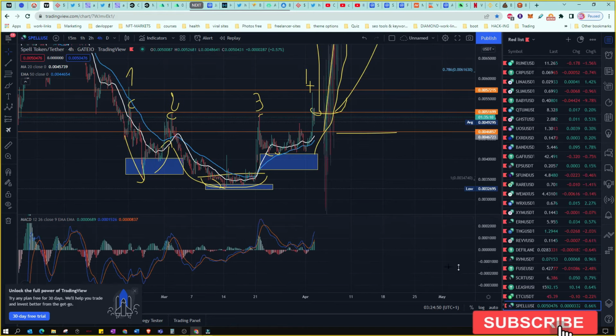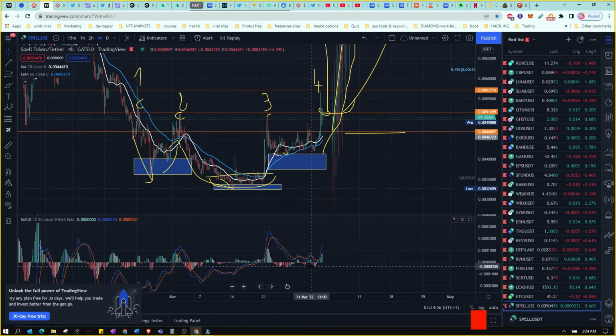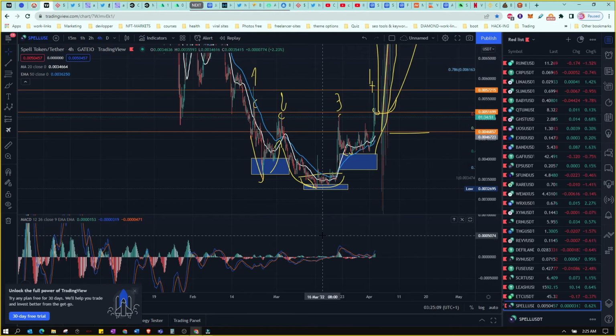As you can see, the two sloping averages right here are still going up, meaning there is still money being put into the project, and it's still going to go nuts. It's going to go to something like those areas. This is 1, 2, 3, 4, 5 times that it goes there, but it didn't push the volume more than that.